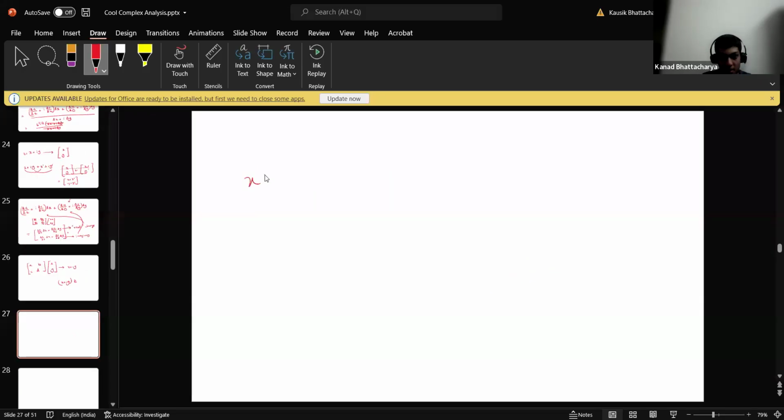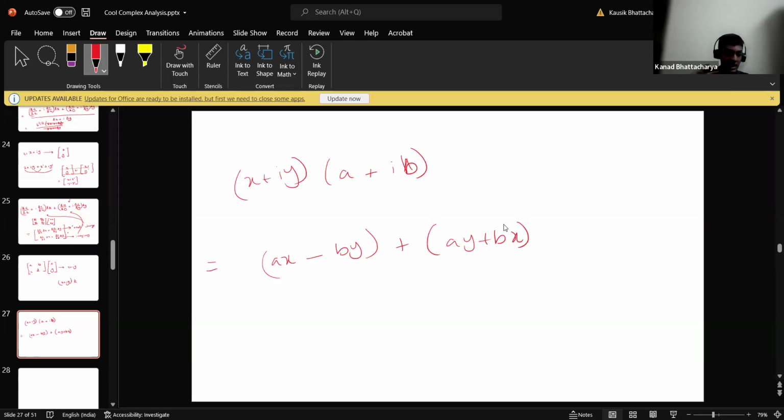Let's take the complex number x plus iy, and multiply it with some complex number a plus ib. What happens is that we get ax minus by as the real part, and the imaginary part is ay plus bx. I should put an i here.